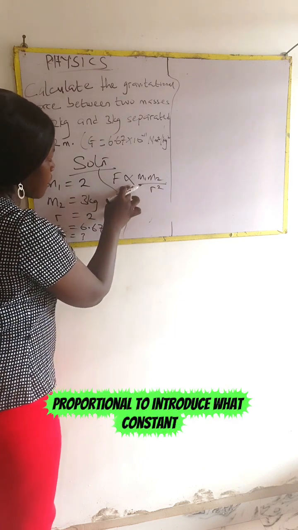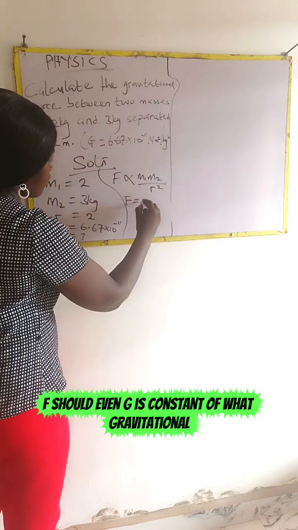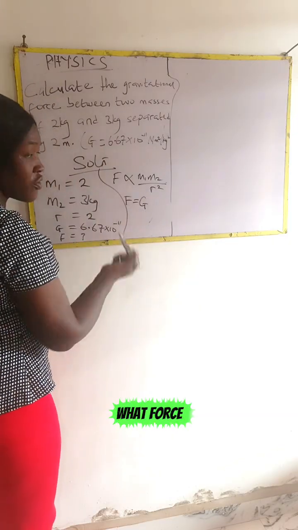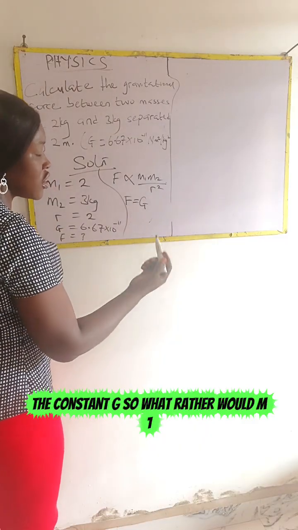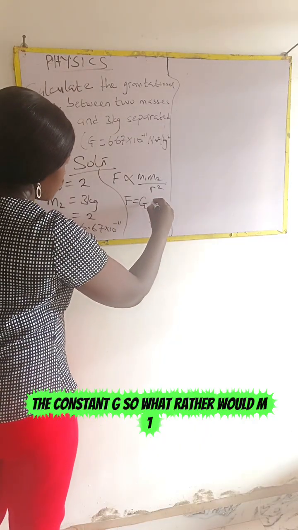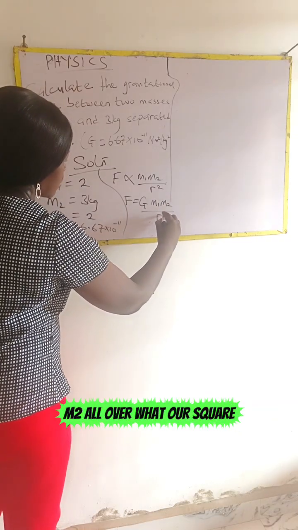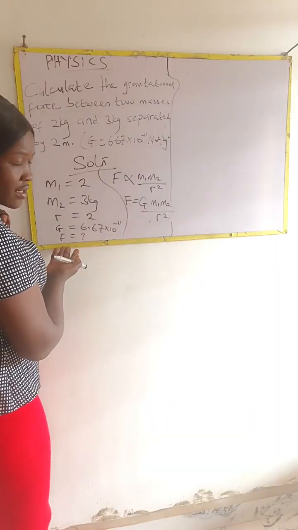So if I remove the proportionality sign and introduce a constant, F will give me what? G is the constant of gravitational force. Once you hear gravitation, G will be the constant here. So multiplied by M1, M2, all over R squared. So I'm going to use this formula to calculate this.